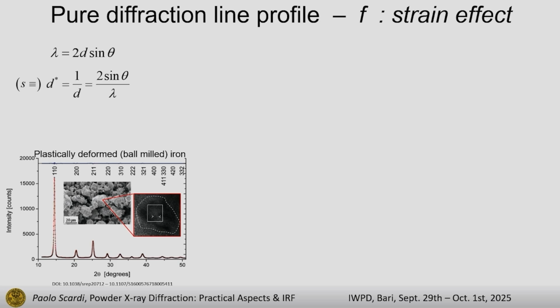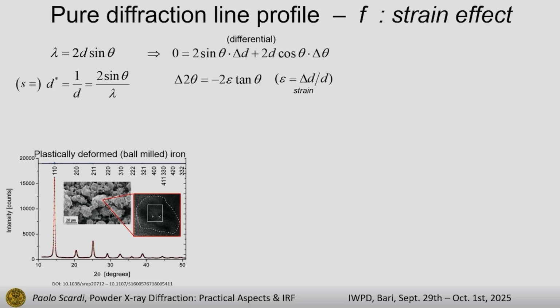So you add strain. How do we define a strain? Well, you take the differential of Bragg's law and you rearrange it, and that's it. You shift the diffraction peak, delta 2 theta, which is the shift in the position of the peak, by a quantity which is proportional to a strain, where the strain is defined as the relative change of interplanar spacing.